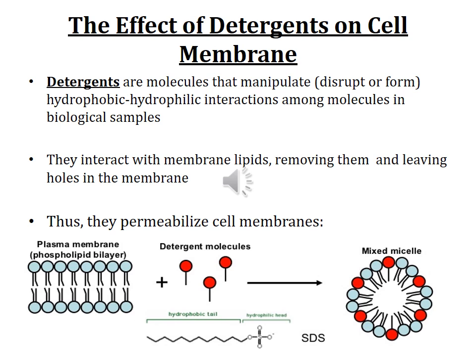They permeabilize the cell membrane, so molecules will leak out. For example, hemoglobin will leak out, and hemolysis will occur, because they interfere with the hydrophobic interactions. The micelle is a monolayer, and it's not good for the cell.